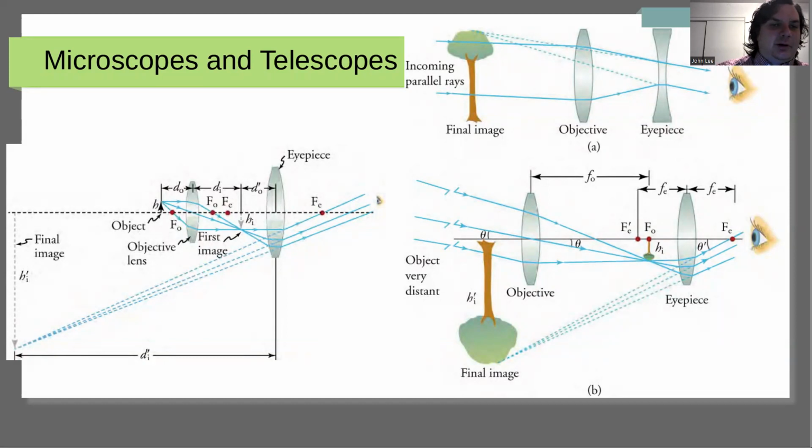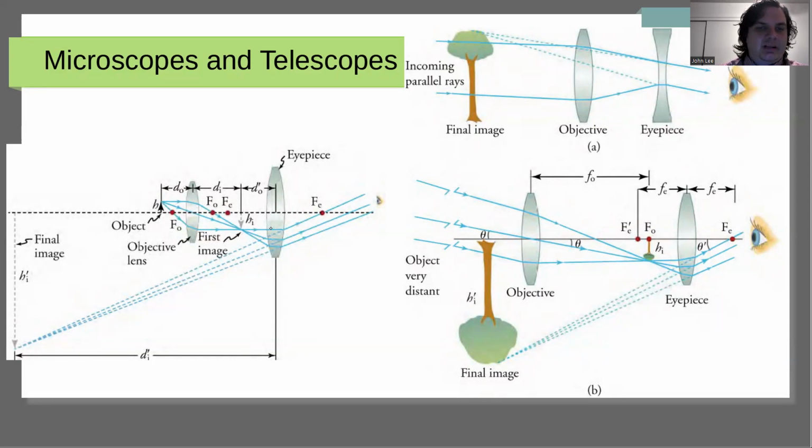light passes from an initial object, which is H on this left diagram. It passes through and creates an image that's going to be on the right side of the object or on the left side of the object, depending on how you're looking at it.